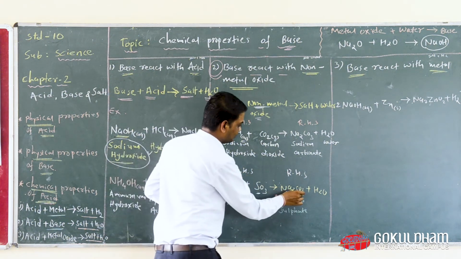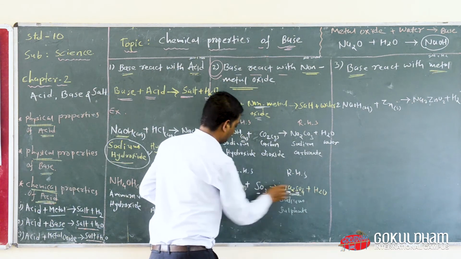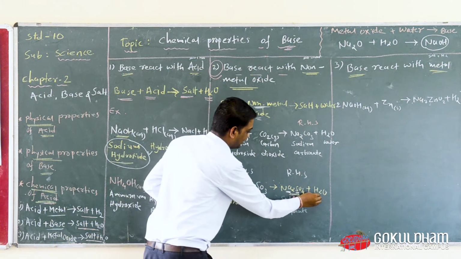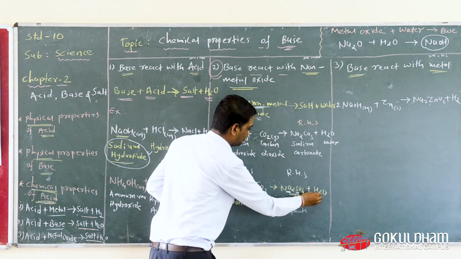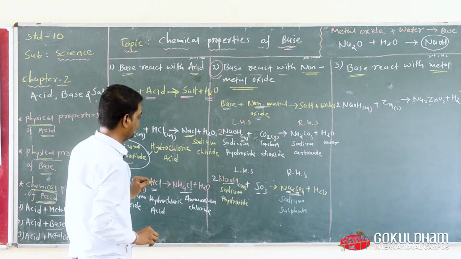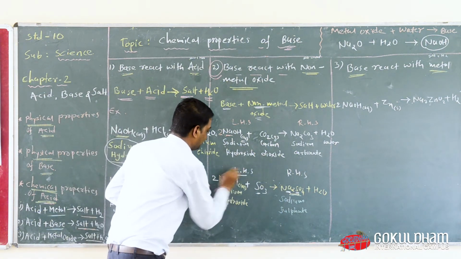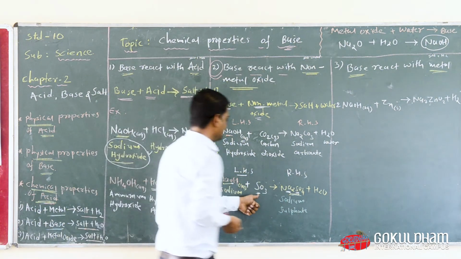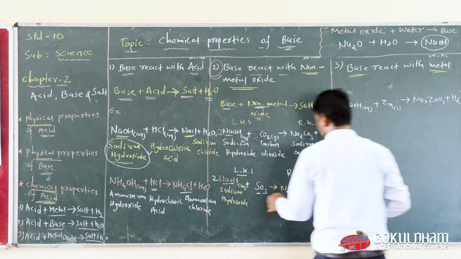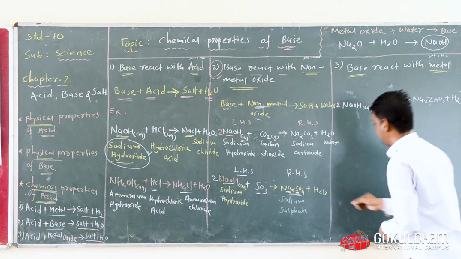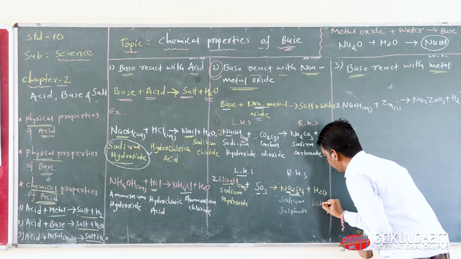On the right hand side also 4 plus 1, 5, hydrogen 2, and on the right hand side hydrogen is also 2. That means our equation is balanced. So when sodium hydroxide reacts with SO3, we get Na2SO4, that means sodium sulfate, and our side product is water.